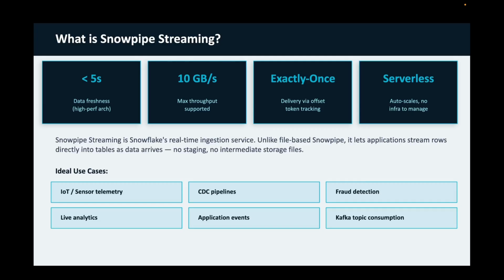And also Kafka topic consumption, where if your data gets pushed to Kafka topics from producers, Snowpipe streaming can be used as a sink connector to stream the data from Kafka topics and load it to Snowflake as a target. So these are some of the use cases that need to be considered when choosing Snowpipe streaming.